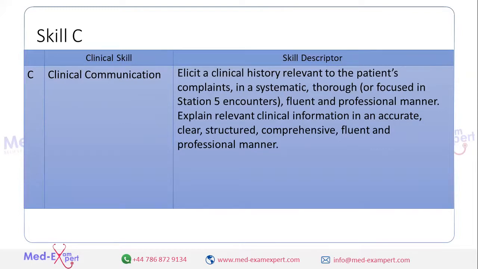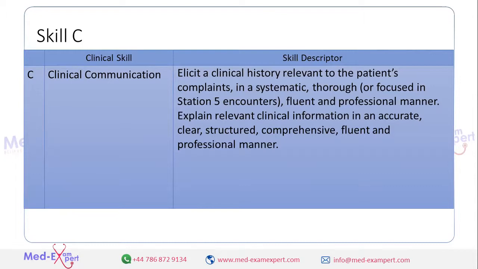So those international medical graduates may need to give a bit more importance to the clinical communication station, and you should know the proper structured, comprehensive approach, and you should be quite fluent in your English. Remember, some of the international medical graduates may practice in their native language in their own country.